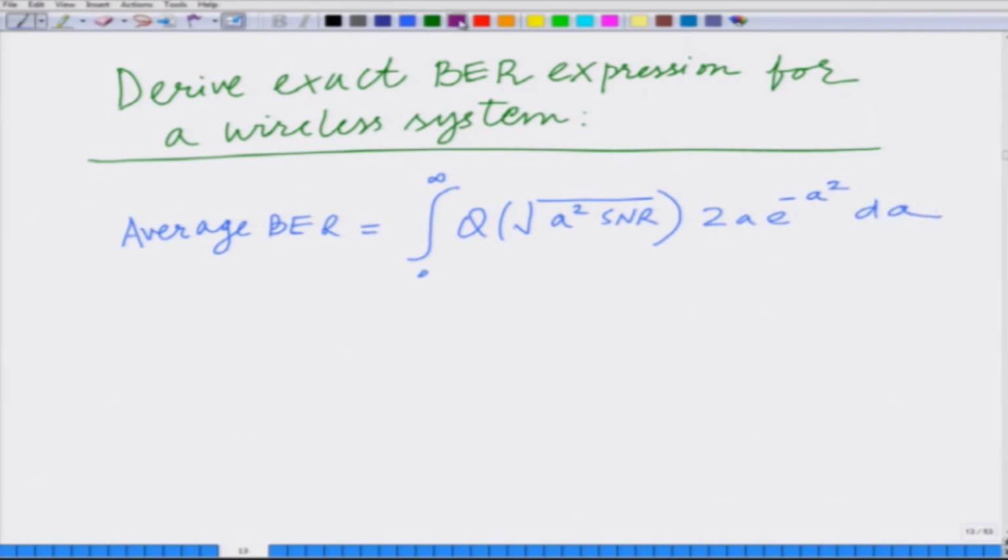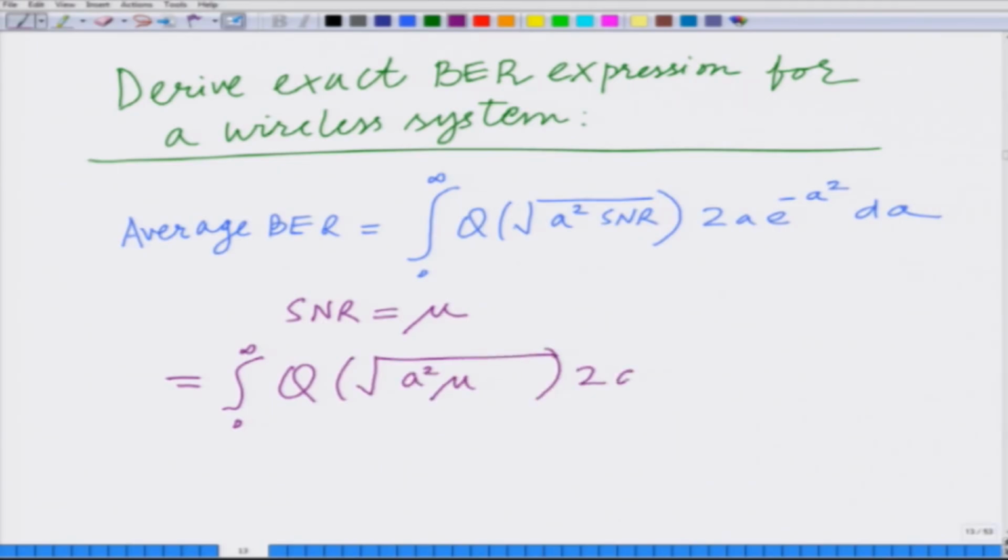Now, what we are going to do is substitute this SNR by the symbol mu, and therefore, I can write this quantity as the integral 0 to infinity Q of square root of A square times mu, 2A e to the power of minus A square dA.